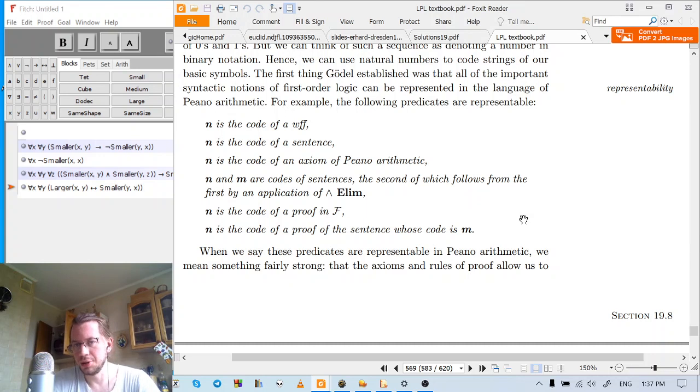Conjunction elimination is when we have a sentence A and B, and we can deduce A from it, like I'm Caucasian and I speak Russian implies that I speak Russian, because I can just throw away one of the conjuncts and assert either of them.